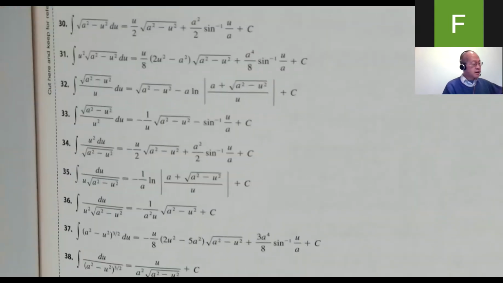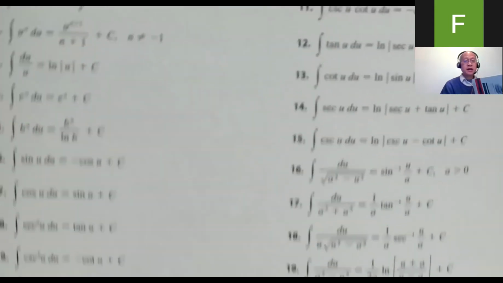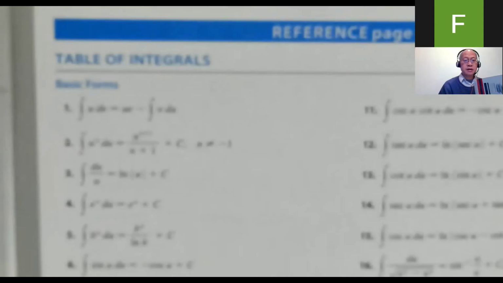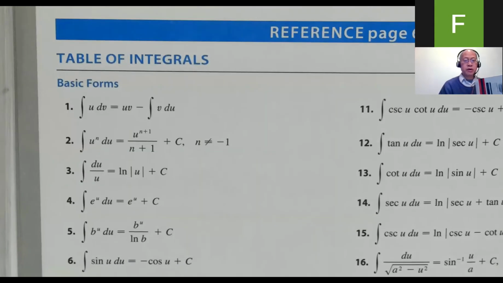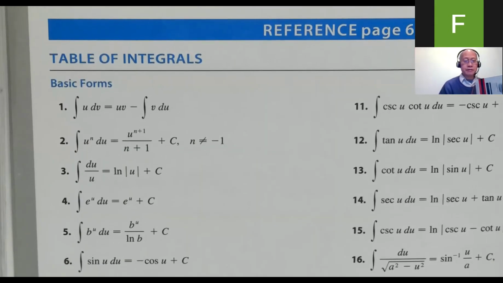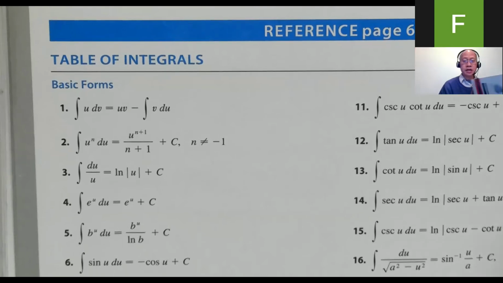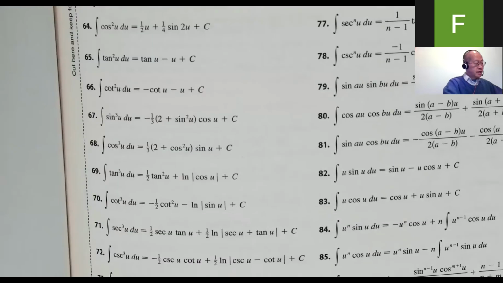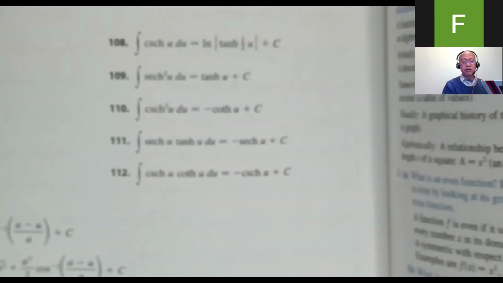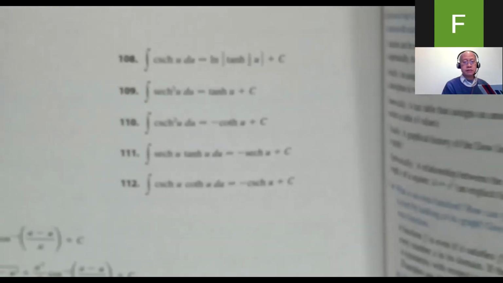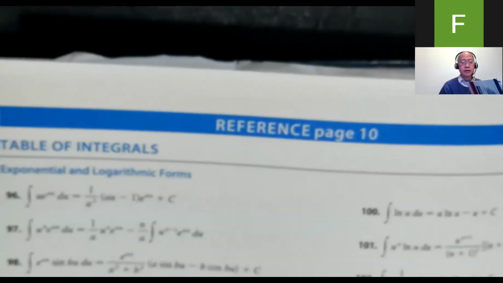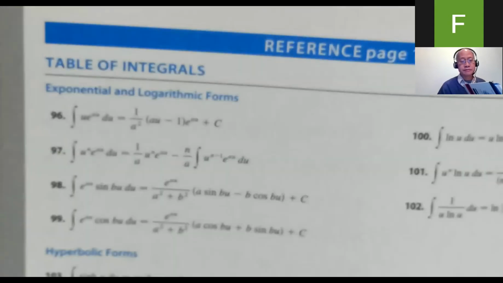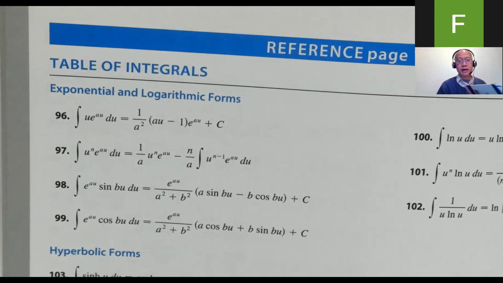Reference page 7 way in the back, table of integrals. Number 1 looks like integration by parts, and then they give you the basic power rule and ln and all that stuff. But they have some pretty exotic ones here, and there's a whole bunch there, and more there. It looks like they have 112 integrals. You just have to look up the right one. So I said, okay, we don't need to do that. So that's what we're so-called missing.